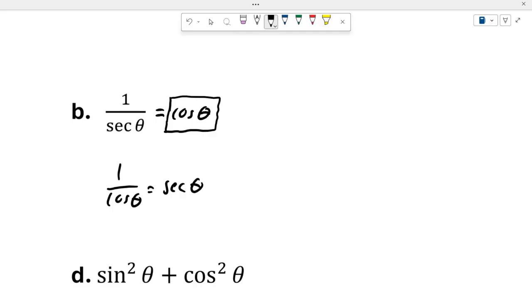The building block functions are sine and cosine. Tangent is in its own category, and then there's the other 3: cotangent, secant, cosecant. Anytime we can work with sine, cosine, or tangent as opposed to the other 3, that's in a vacuum better. Obviously, each problem is different, and maybe you have to use the other trig functions, but for this problem, 1 over secant you would most of the time want to write as cosine of theta. So that's question B.